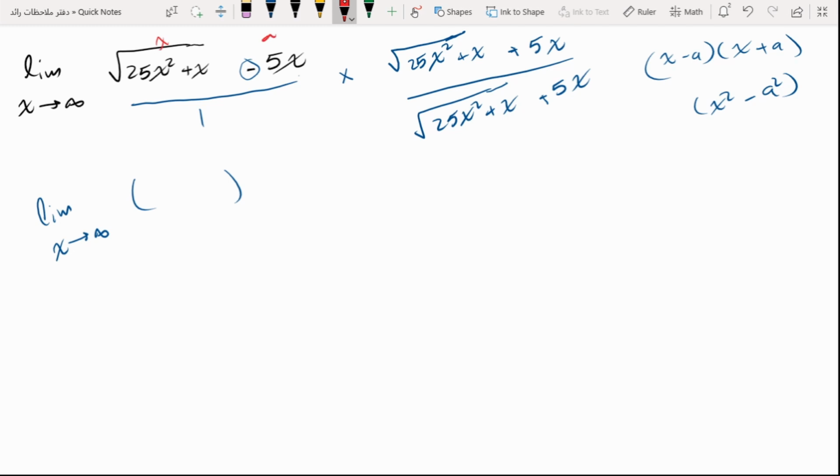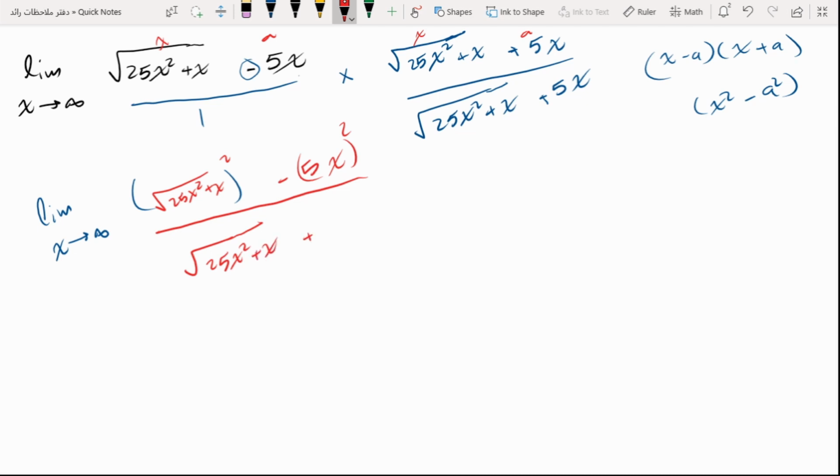So it is radical 25x to the power of 2 plus x, to the power of 2, minus 5x also to the power of 2, over the denominator, which is radical 25x to the power of 2 plus x plus 5x.